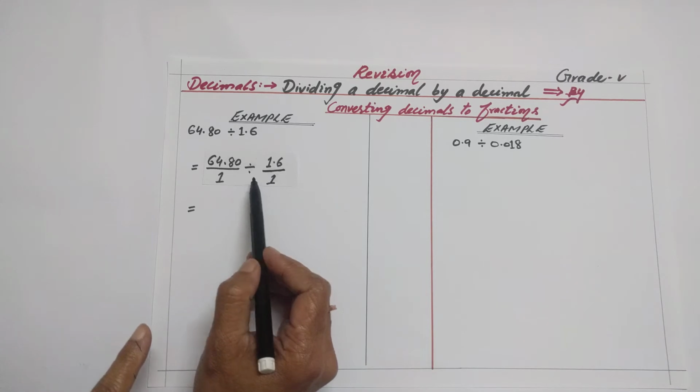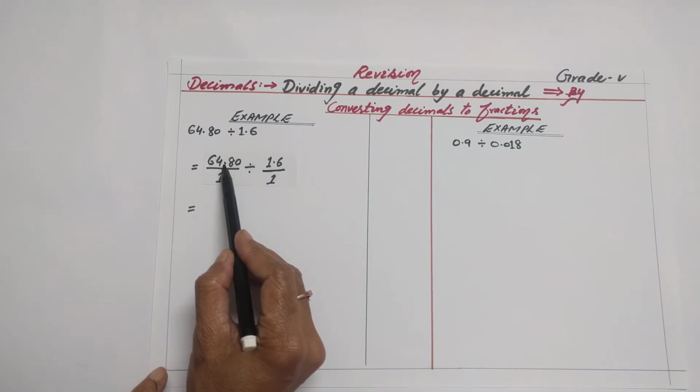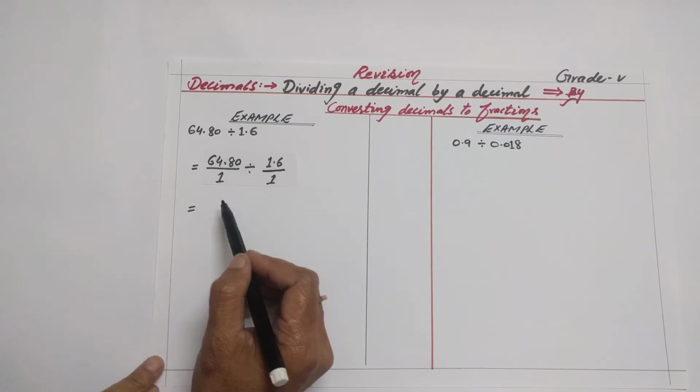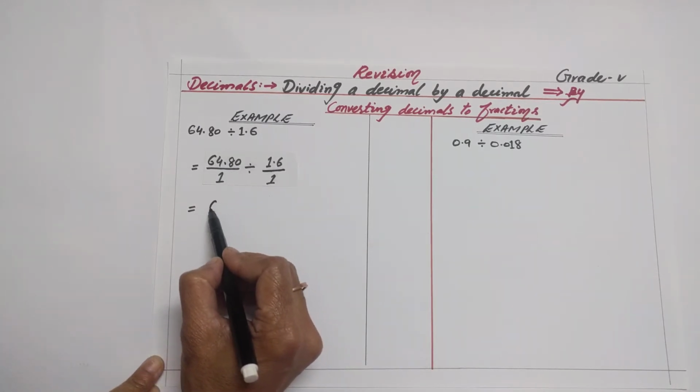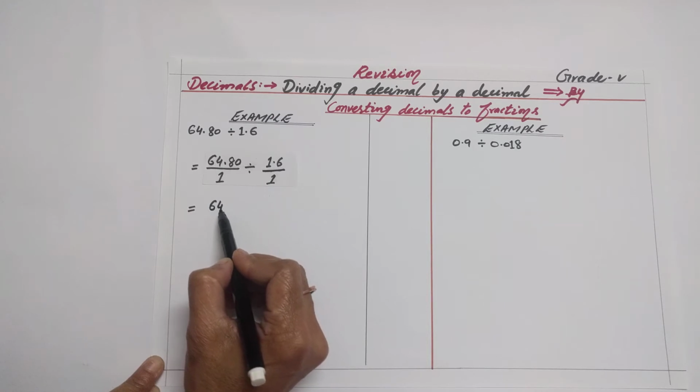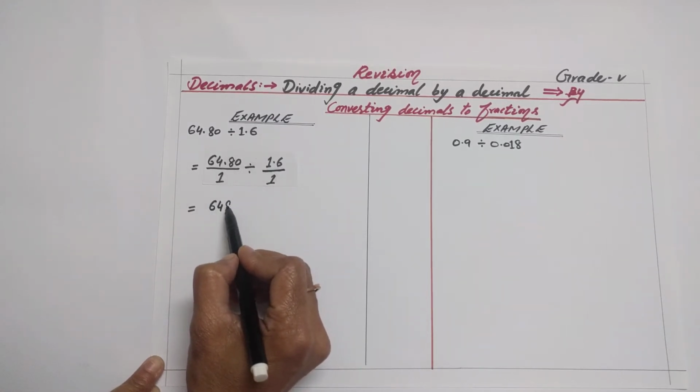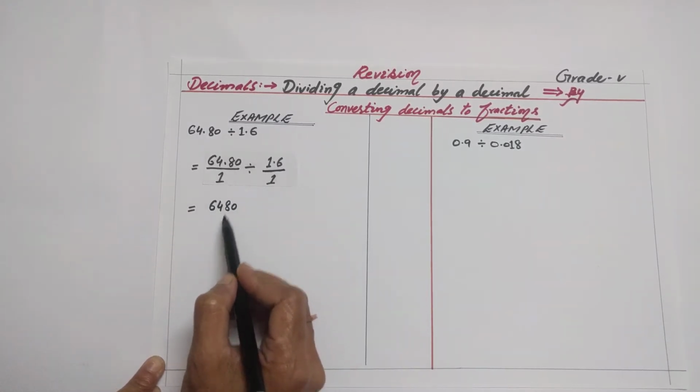So the next step is to remove the decimal. We have to remove the decimal from these decimal numbers. For this purpose, firstly we will write the decimal number as a whole number without considering the decimal.